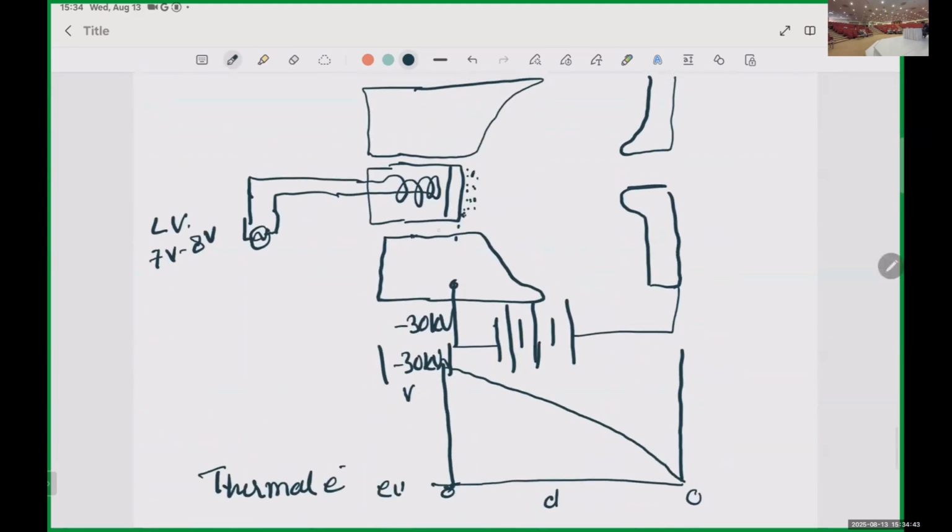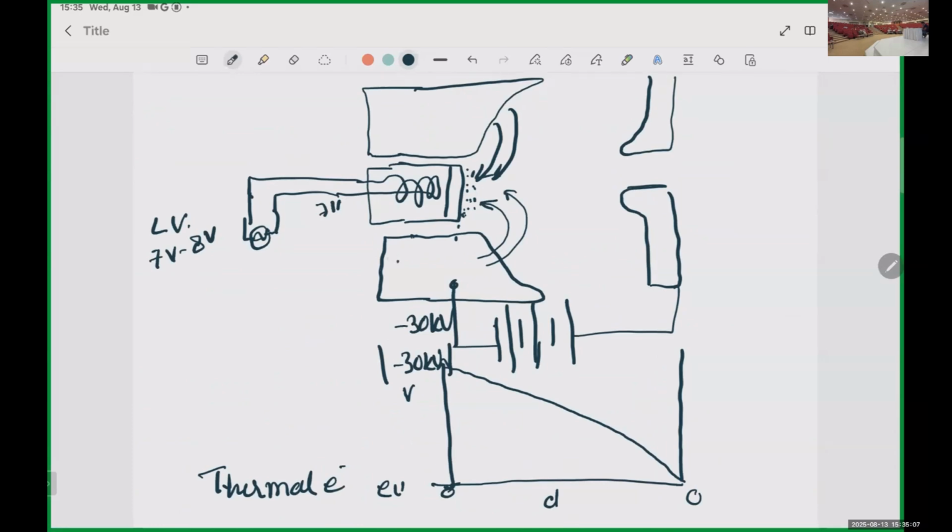Another problem. This negative potential will in fact suppress any electron that will try to come out. There will be no emission at all. And second thing, which is worse, this is at 7 volts.